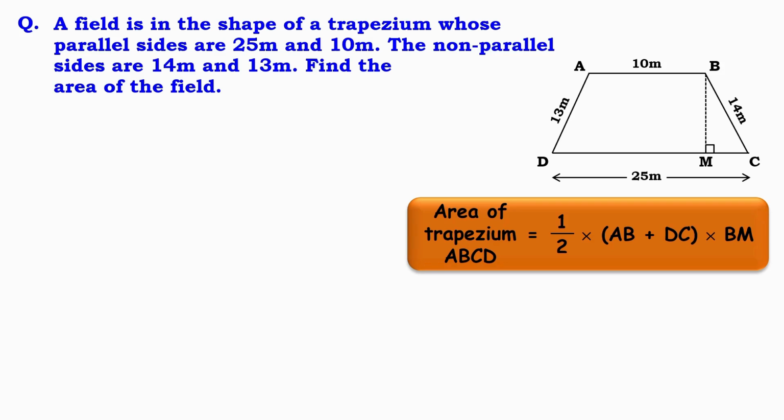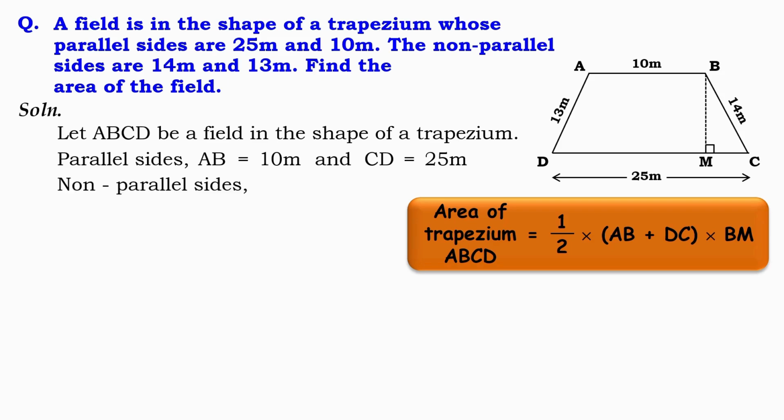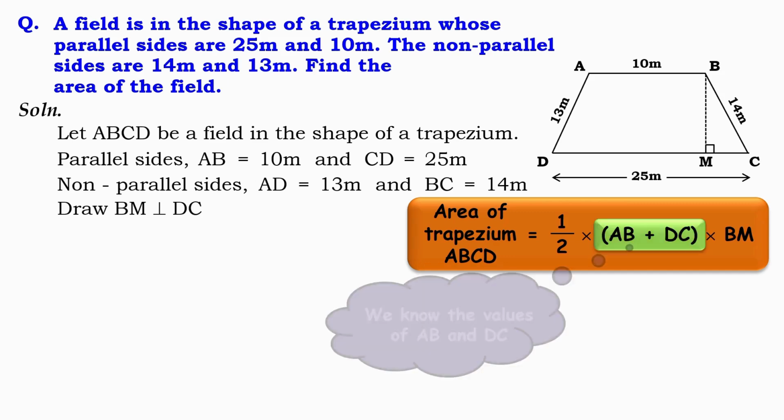So let ABCD be the field in the shape of a trapezium. The parallel sides here are AB, that is 10 meter, and CD, that is 25 meter. And the non-parallel sides are AD, that is 13 meter, and BC is equal to 14 meter. So now we draw BM, that is perpendicular to DC.